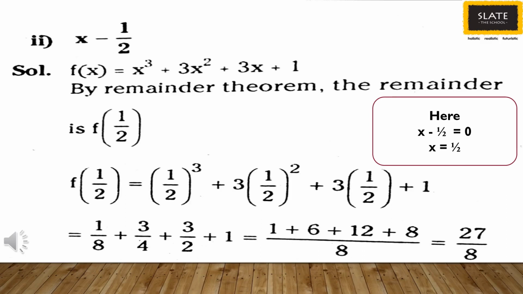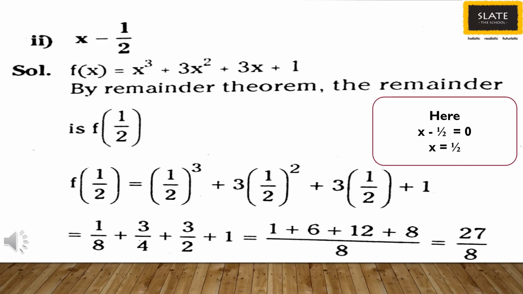1 by 2 whole cube plus 3 into 1 by 2 whole square plus 3 into 1 by 2 plus 1. 1 by 2 whole cube is 1 by 8. 1 by 2 whole square is 1 by 4. So, we get 1 by 8 plus 3 into 1 by 4 is 3 by 4, plus 3 into 1 by 2 is 3 by 2 plus 1. Now, the LCM of 8, 4 and 2 is 8.